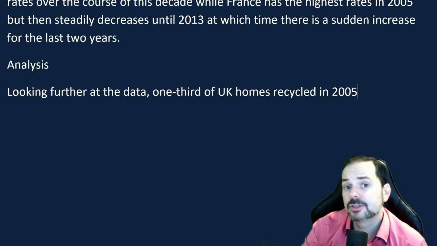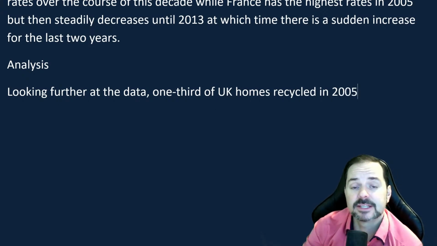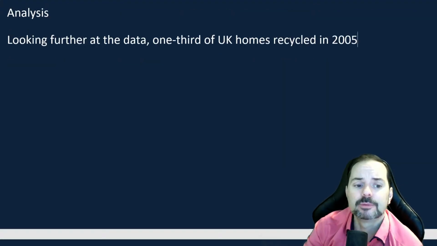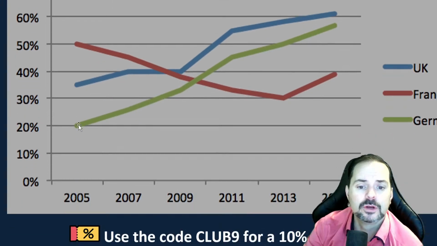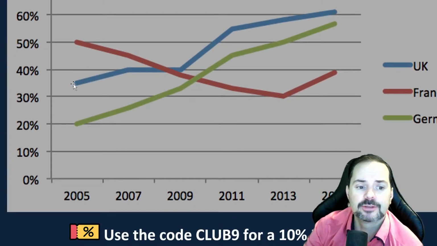Now notice this interpretation. The highest band essays, band 8, band 9, they don't just report the data, they interpret the data. So if you look at the UK here at 33%, 33% basically means 1 in every 3 homes in the UK recycled in 2005.